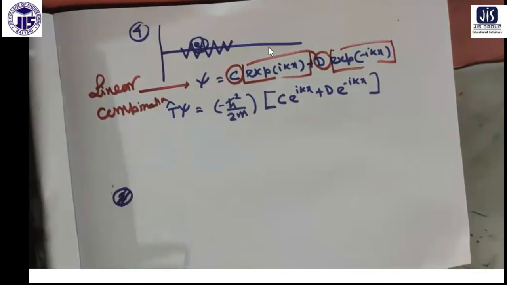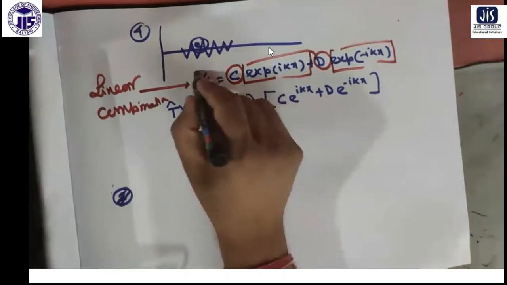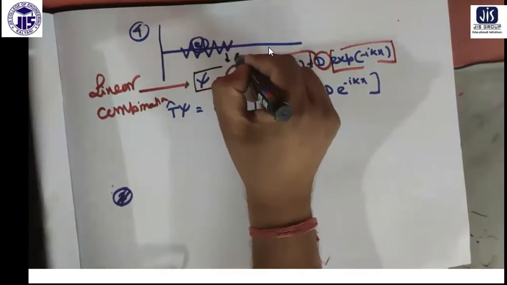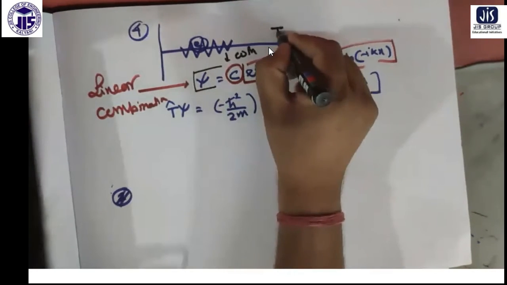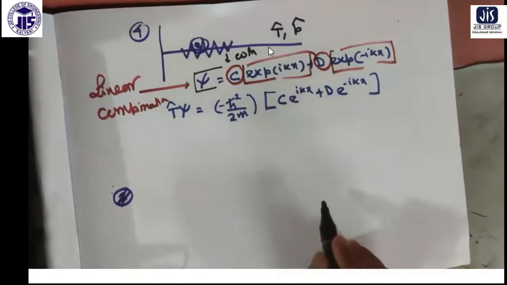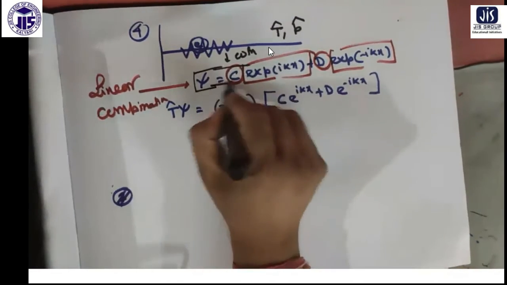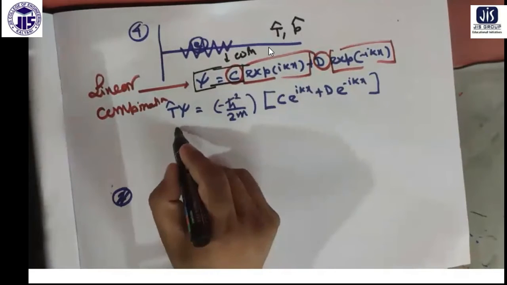Now my question is: if this is the wave function of the electron, and I wish to know two data, the electron momentum and the electron kinetic energy, who knows this data? Psi knows it. So operate T on psi.